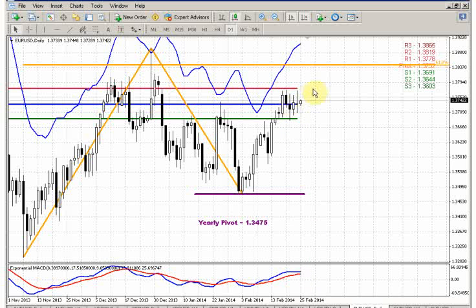Our nearest target to the upside stands right here. It's approximately the 138.40 area, the 618 extension from that A, B, C bottom pattern. This target stands below the daily overbought, and that's why it really could be reached by the market. But yesterday the market formed another inside session.